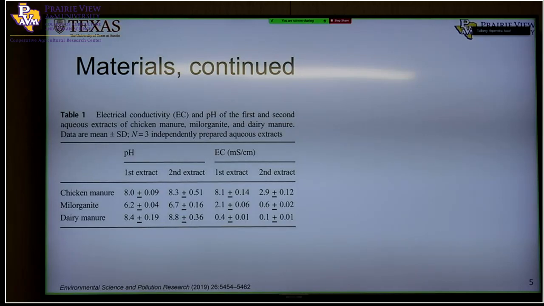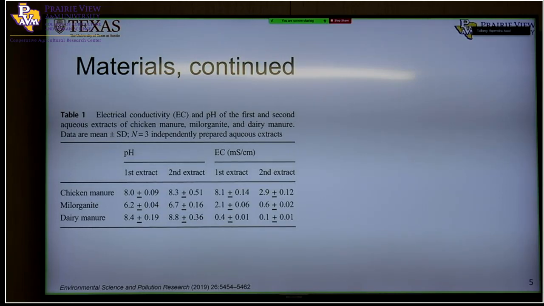So the second extract is really to show the results if a farmer applies manure and irrigates right after. So it's more dilute, and you could rinse away some of the toxic metals or toxic elements that are in the manure. The pH remains basically the same between the 2 extracts.